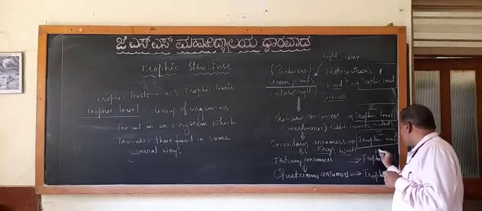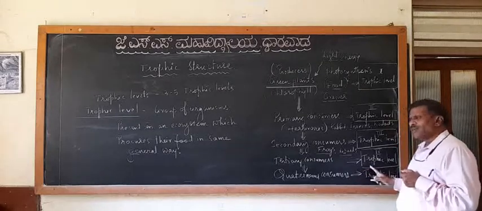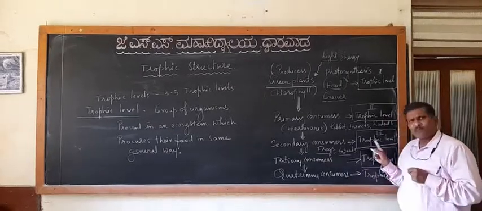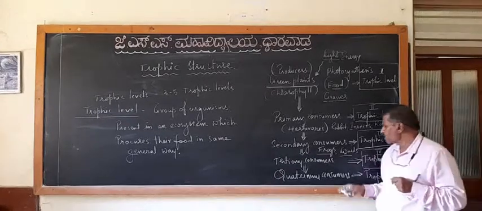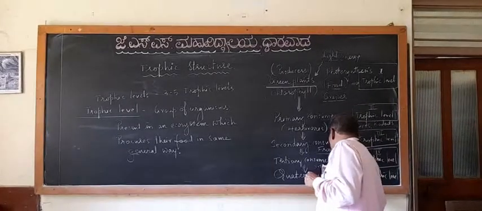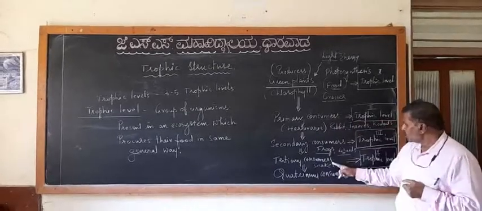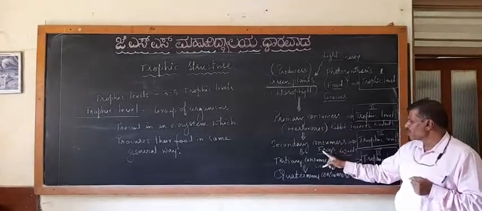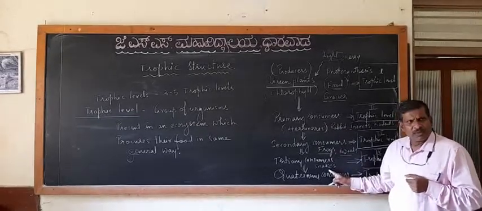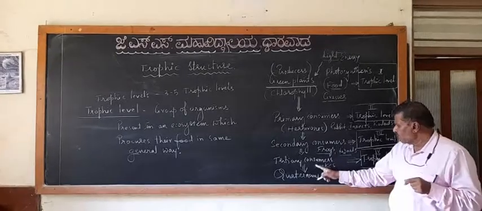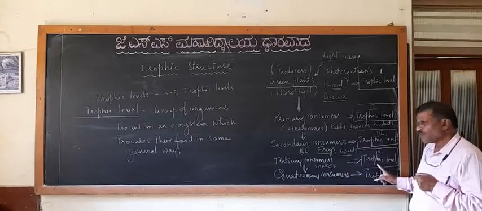Tertiary consumers belong to the fourth trophic level because they get their food by feeding upon third trophic level organisms. Animals like snakes get their food by feeding upon frogs or garden lizards. The way of getting the food is common here. That's why all the snakes, whether small or large, belong to the fourth trophic level.